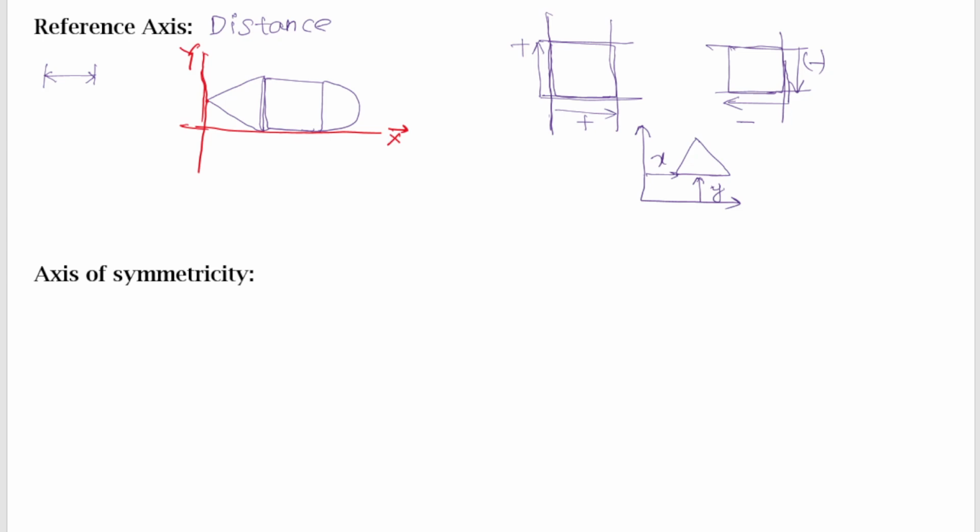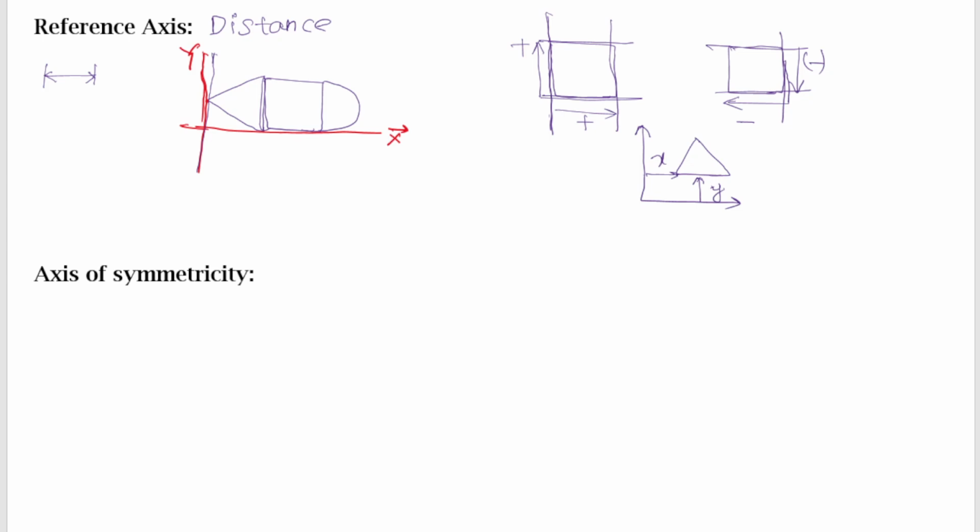If the examiner really wants to check your understanding of centroid, he will provide you a reference away from the shape. And in most university exams, you will not find the reference axis given, so you need to draw it. Remember, this reference axis always starts from the extreme points. This can be the extreme left, extreme right, top face or bottom face. It depends upon your discretion.